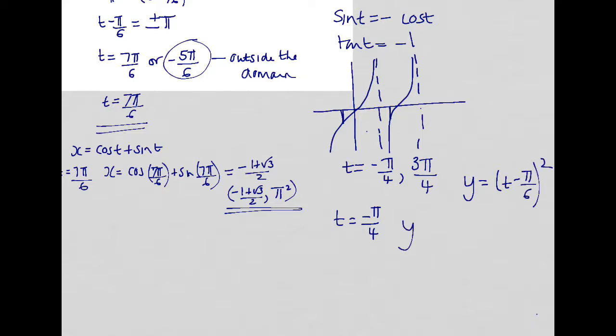So here y equals negative pi over 4 minus negative pi over 6. Might want to use your calculator for that. Remember, you can just type in negative 1/4 minus 1/6. You don't have to put the pi in as well. That would give you 25 pi squared over 144. So here, that would be my first coordinate.